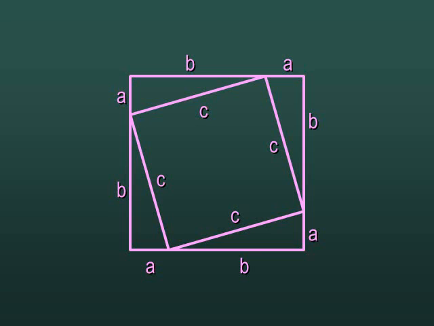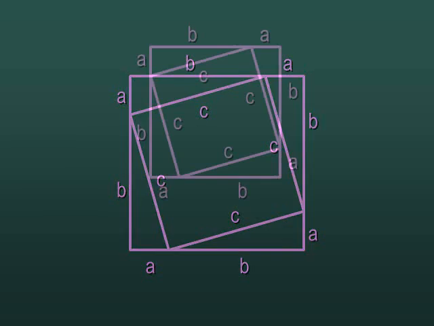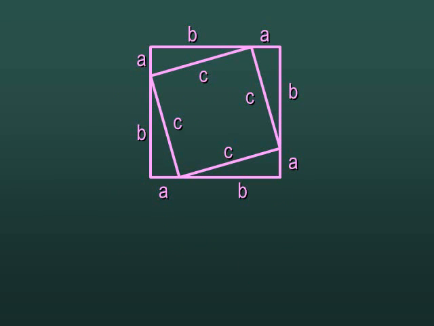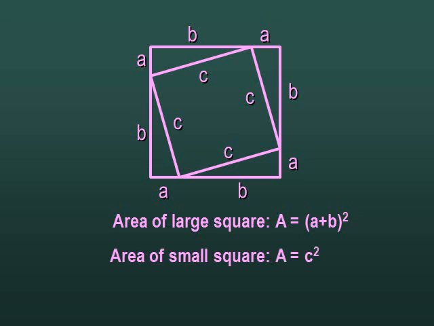I have an a, b, c for all those triangles. So the area of the large square is a plus b squared, right? The area of the small square is c squared, and the area of each triangle is half ab.